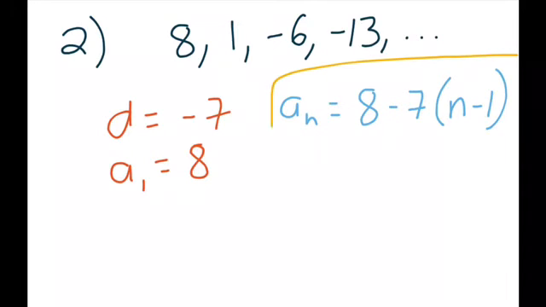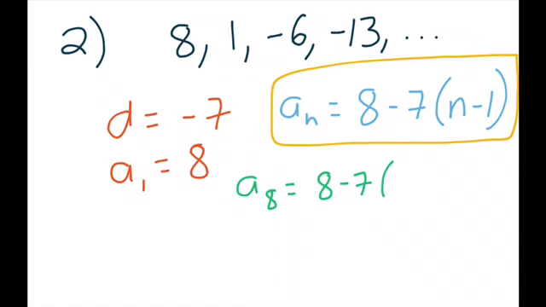So this is our explicit formula right there. The last part is to find the 8th term. So a sub 8 equals 8 subtract 7 times 8 subtract 1. So a sub 8 equals negative 41.